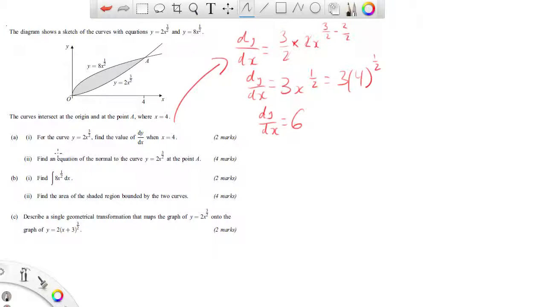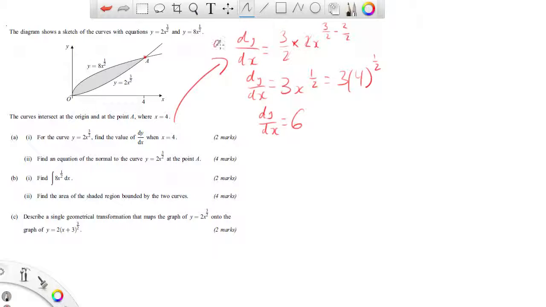Number 1. Part A, number 2, find an equation of the normal to the curve y is equal to 2x to the 3/2 at the point A. So again, that's that same point there. So we need to find a couple of things there. First off, we need to find the gradient.